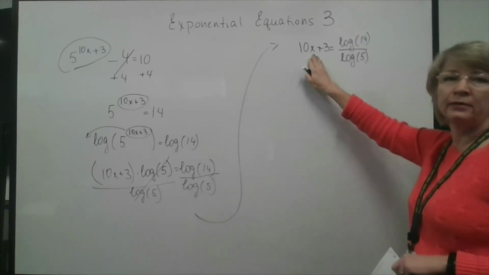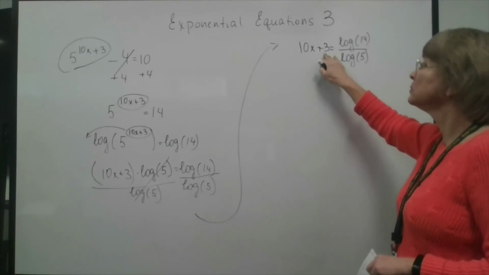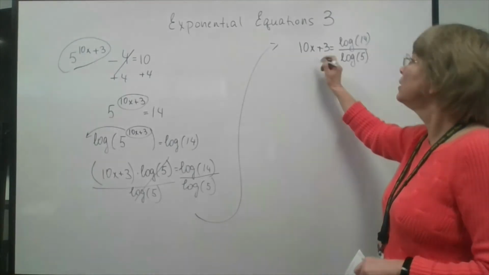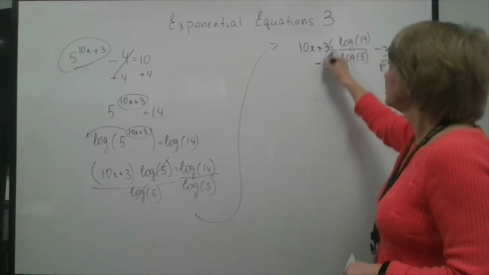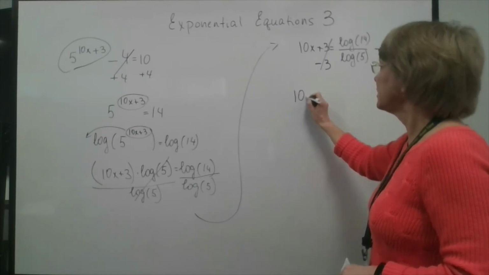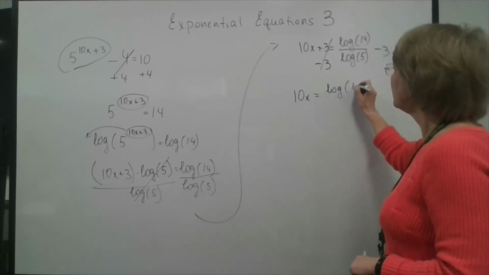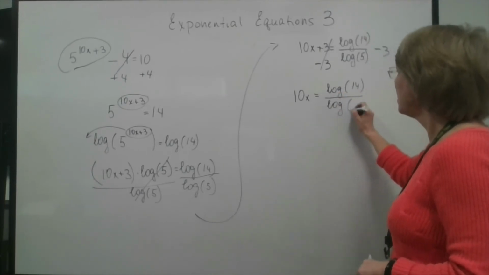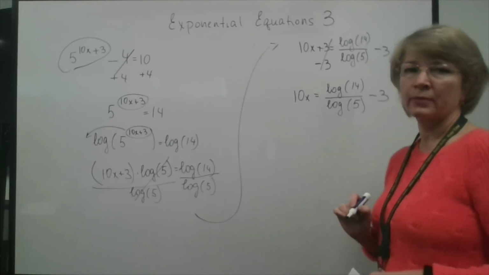My x is right here. It means we have a linear equation. Now we have to isolate the variable. We will subtract 3 from both sides. We have 10x equal to logarithm of 14 divided by logarithm of 5 minus 3.